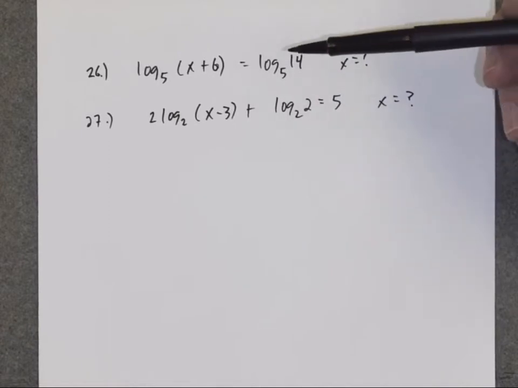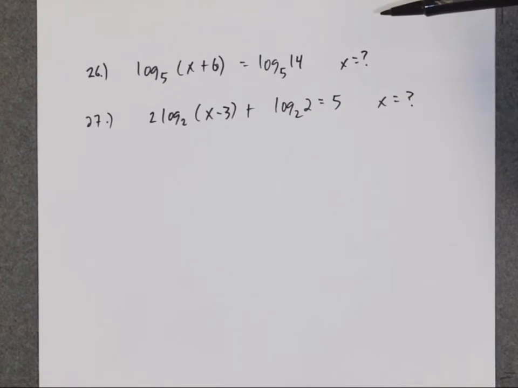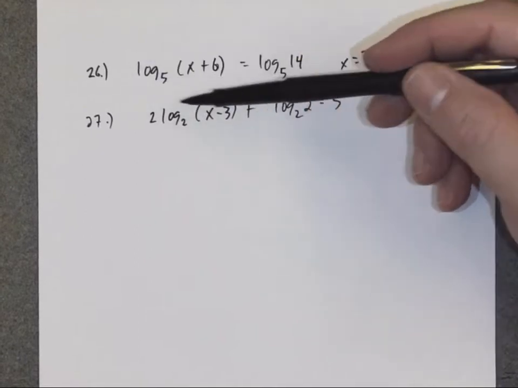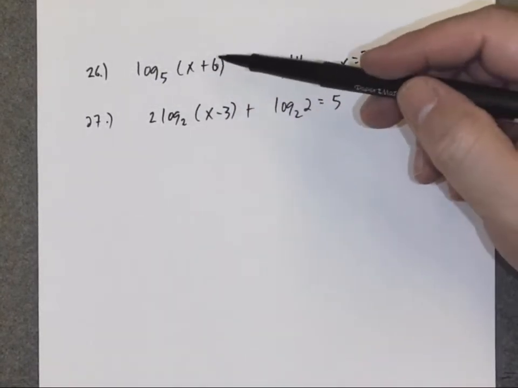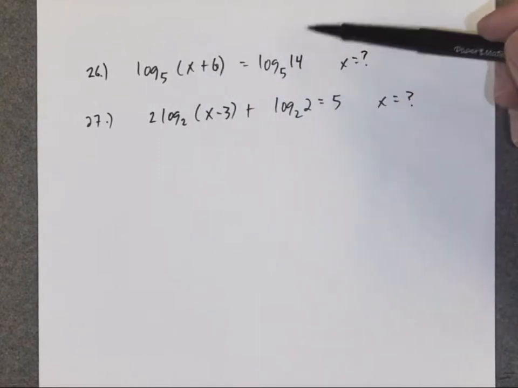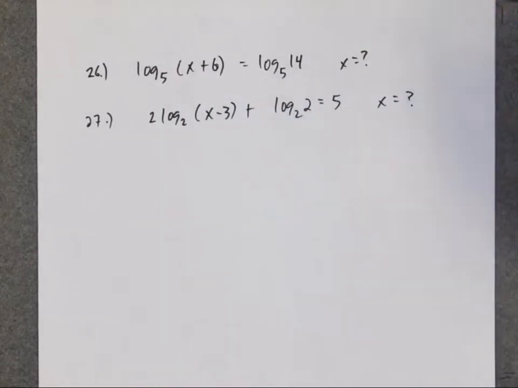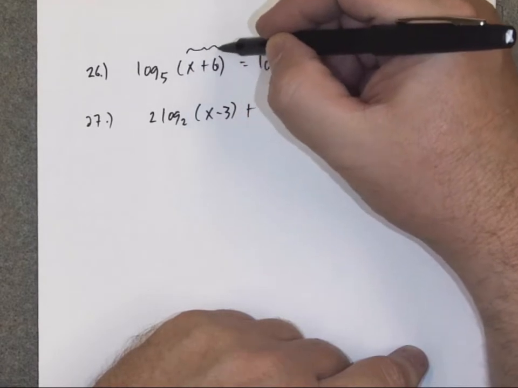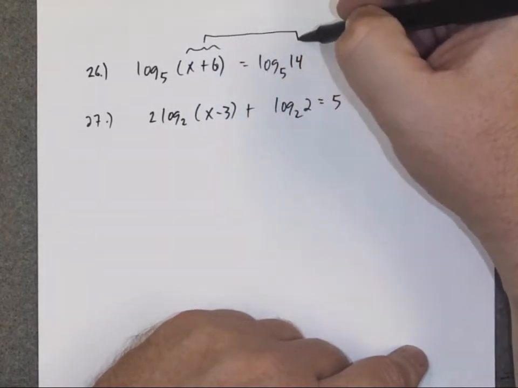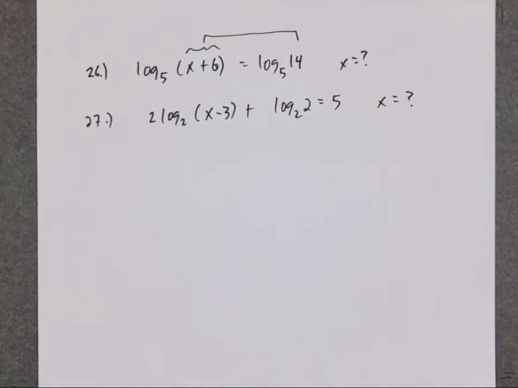If you have a problem where all your terms are log terms, in this case, they're both log terms, and they're equal to each other. Hopefully common sense says, since they're both log base 5, for these to be equal, the inside of this side has to equal the inside of the other log.